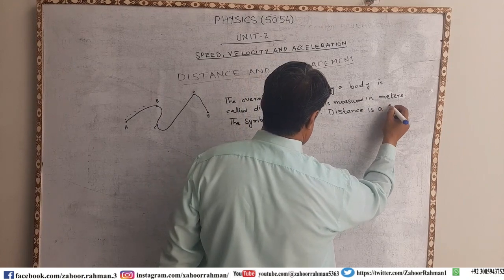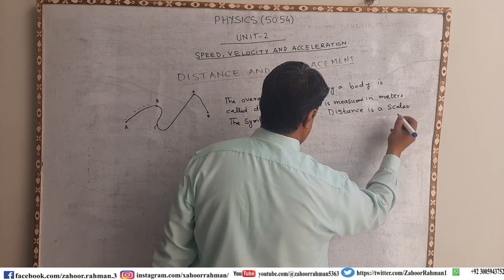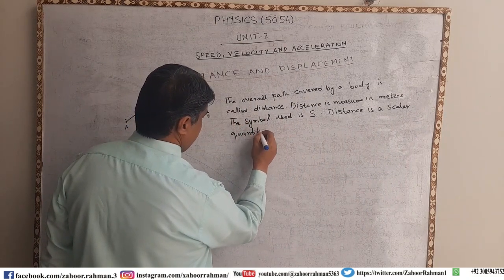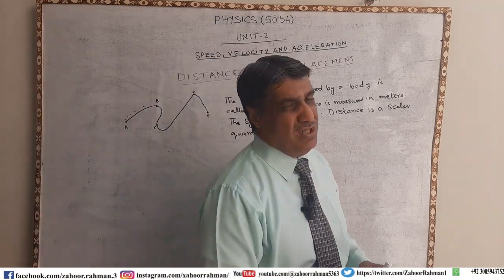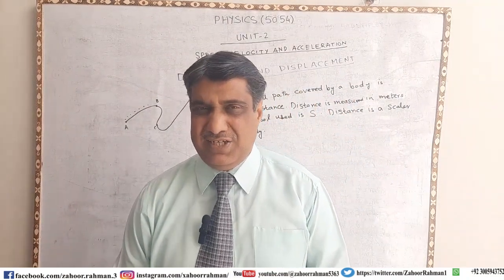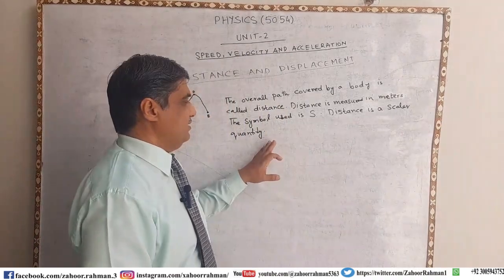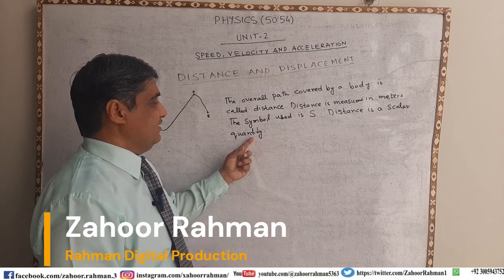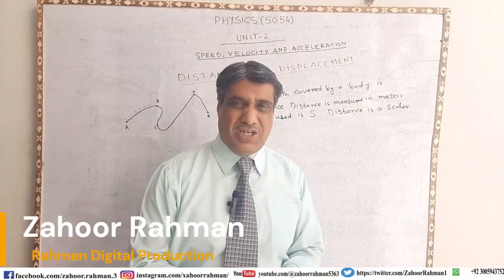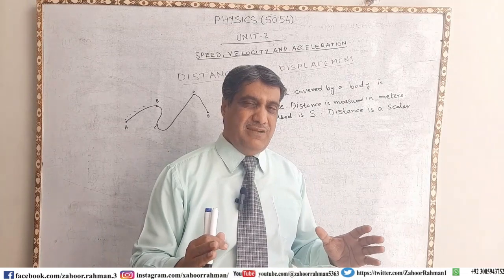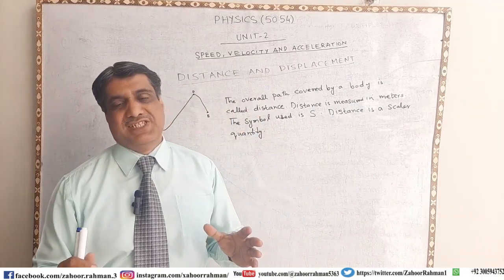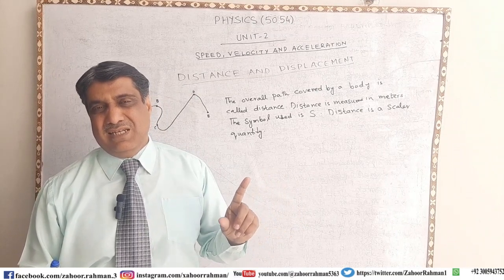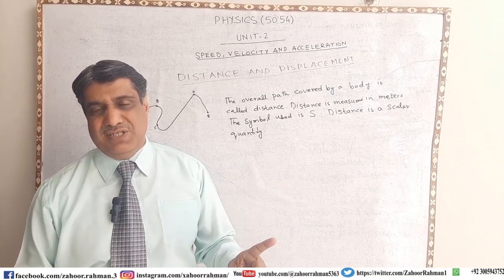Distance is a scalar quantity. Ladies and gentlemen, what is scalar and what is vector? Very soon we will discuss in greater detail, but for your understanding, I am saying that those physical quantities which can only be represented by their magnitude, and I must say proper unit, are called scalar quantities.